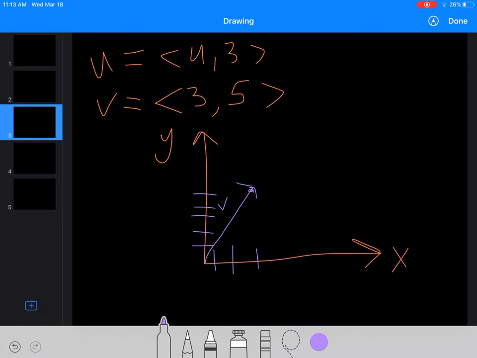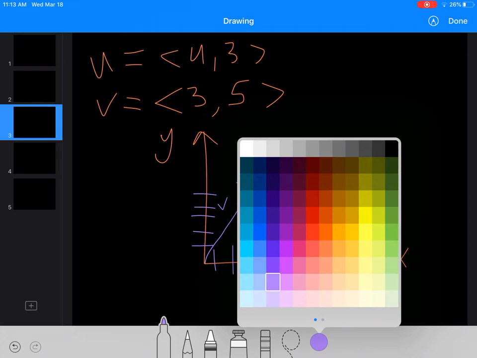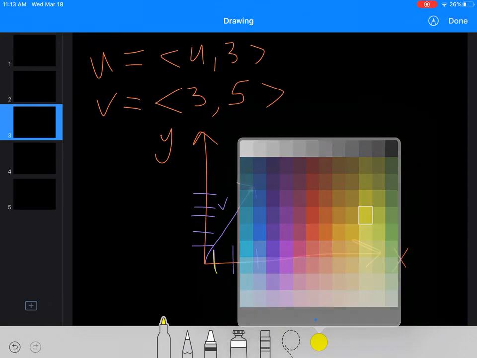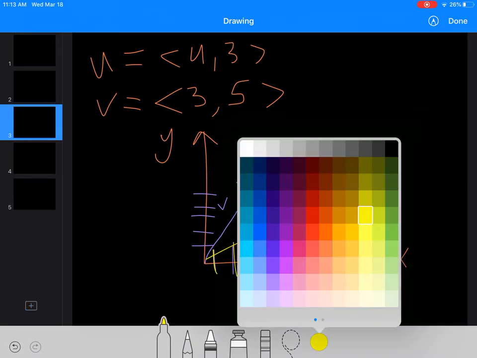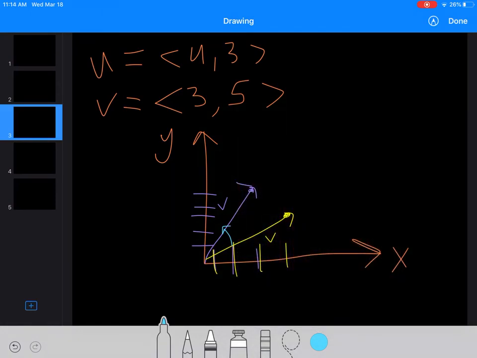Vector v, and let's use a different color for u. So for vector u, I'm going to go over 4, so 1, 2, 3, 4, and up 3. So I'm going to be right here. It's a terminal point. So what we're going to look for is this angle in between, theta. We want to figure out what that is.